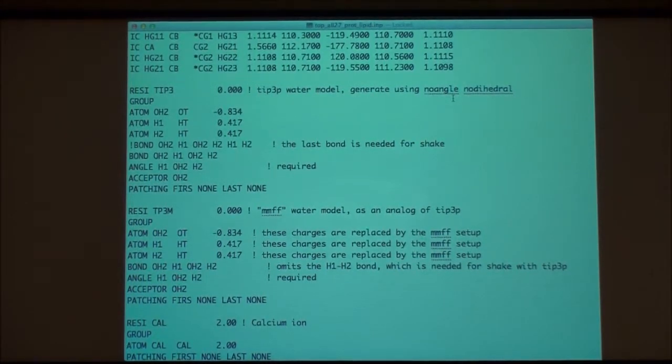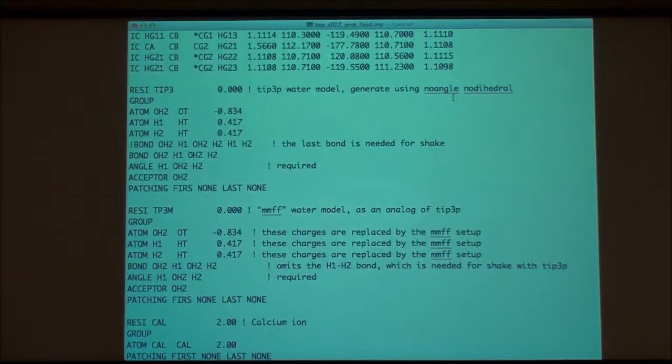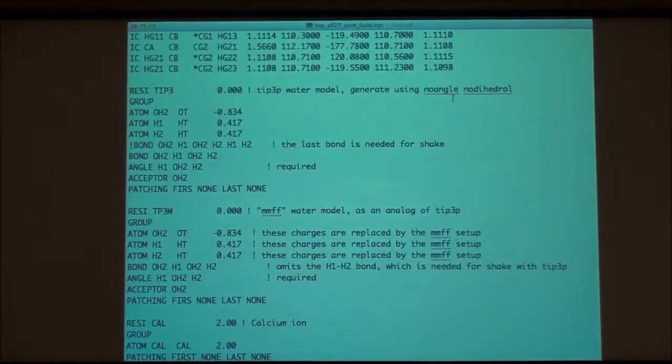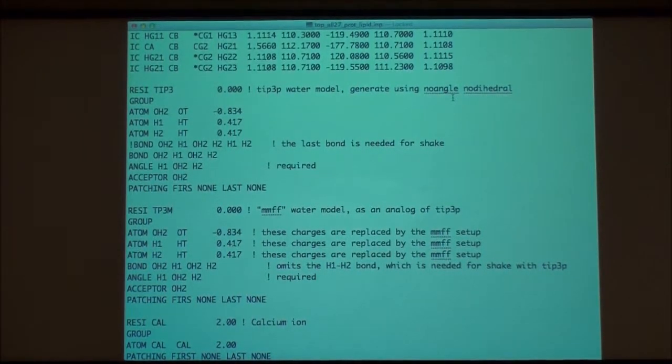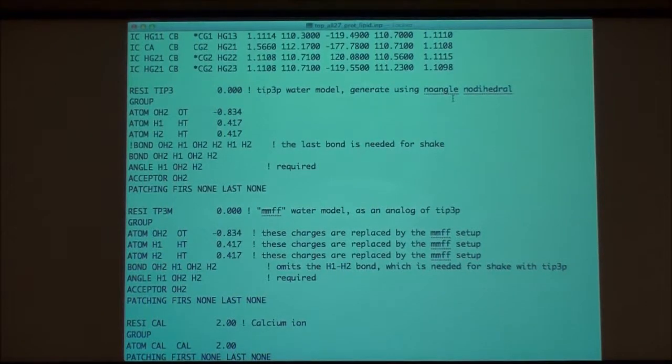But you cannot mix it with CHARMM, because in CHARMM all the energetics are fitted to interaction with this particular water. So if you introduce a different water model, maybe your diffusion properties are better for bulk water, but all the interactions with the protein are going to be messed up.